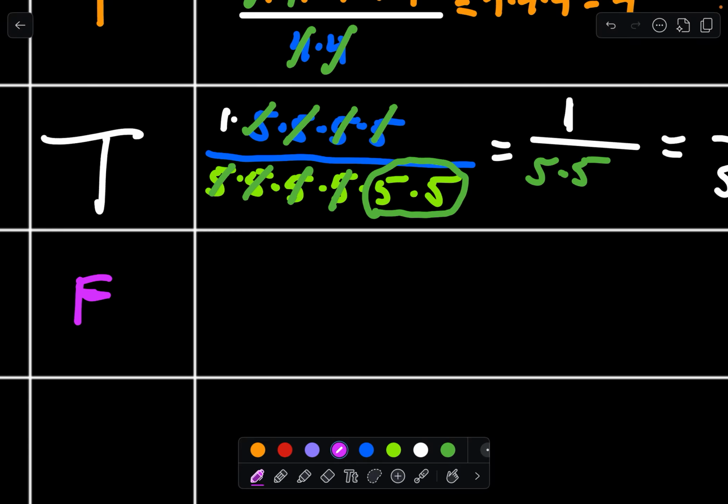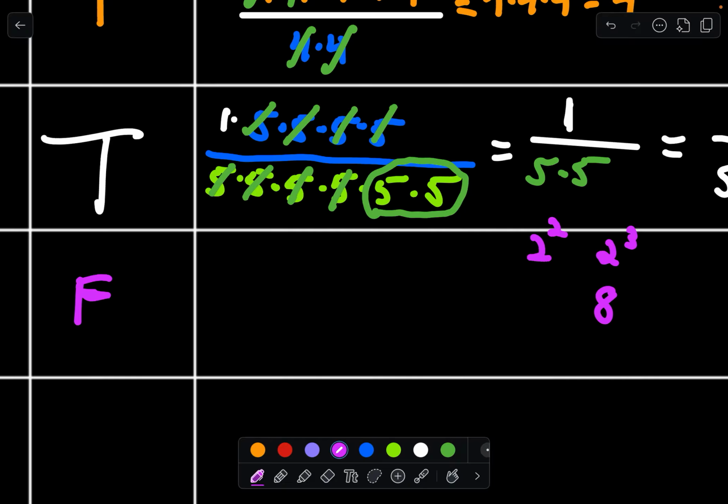Okay, I guess one way of doing this is to start with 2 to the 5th, all right? Well, let me go smaller. 2 cubed equals 8. All right, so this is 8.